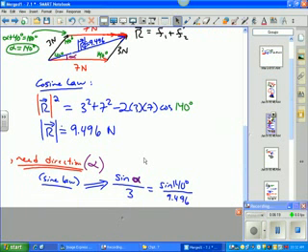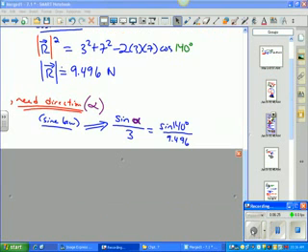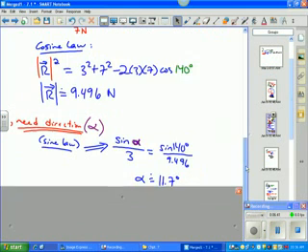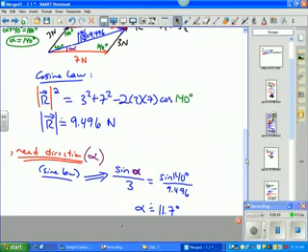I'll ask you to pause the video now and try and compute for alpha on your own, please. So hopefully you came up with 11.7 degrees. So now we actually need to make a conclusion of the overall answer, and we need to say this carefully because this alpha, once again, you have to remember, was very specific to the direction with the 7 Newton force.